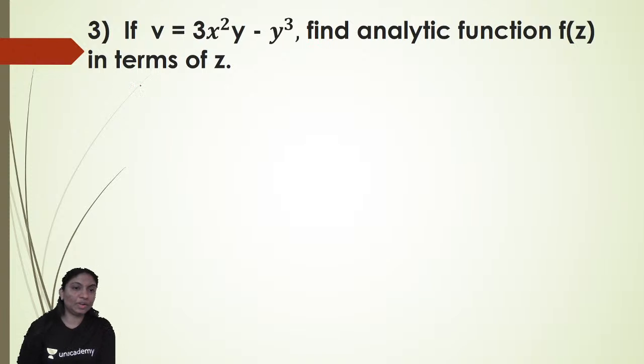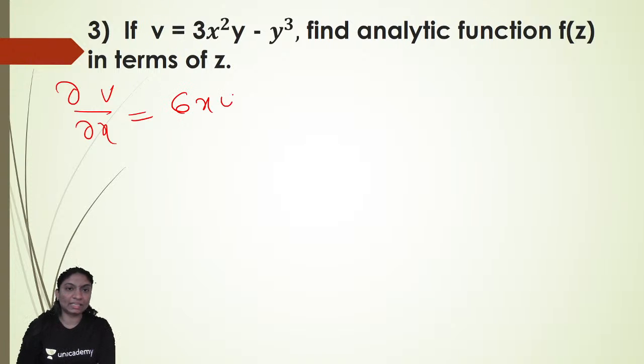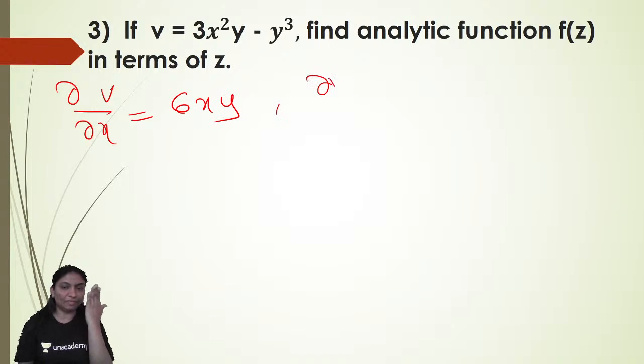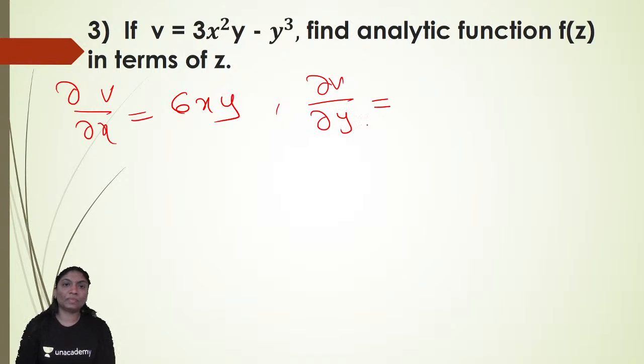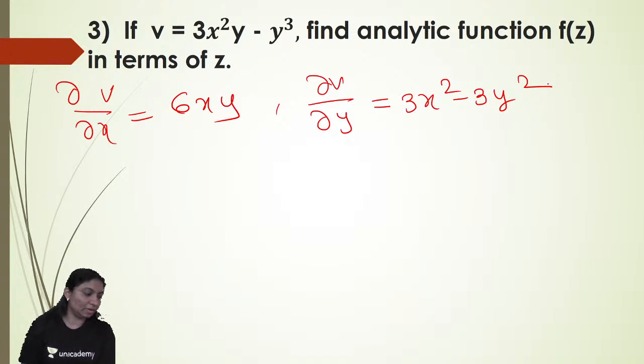So here we can write ∂v/∂x is equal to 6xy, right? Now ∂v/∂y is equal to 3x square minus 3y square, right? Now we know f of z is equal to u plus iv, right?